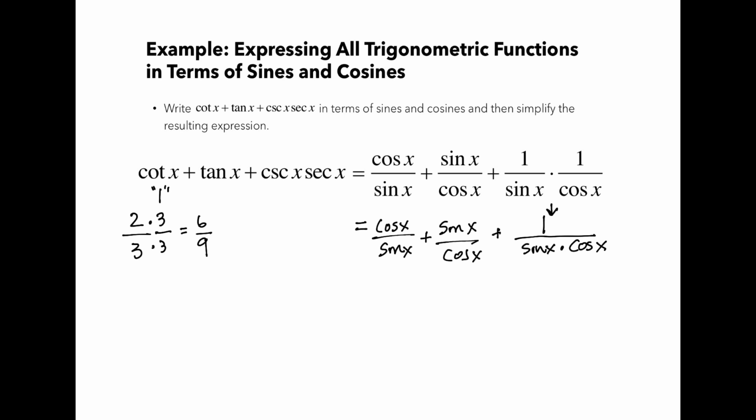Looking at the three denominators here, we have sine x, we have cosine x, and then we have the product of sine x and cosine x. So if I want to get a common denominator so that I can add all these parts together, the one I'm going to want is this more complicated one, right? The sine x cosine x.